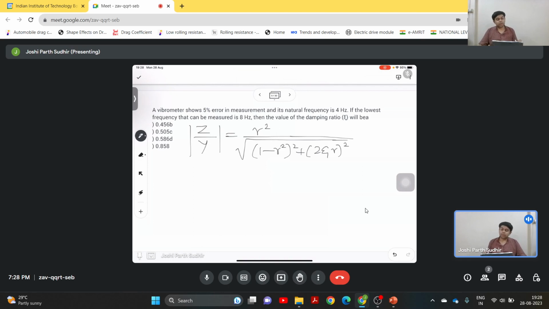Now it is given that the natural frequency omega n is 4 Hertz. Let us say it is operating at 8 Hertz, which is given as the lowest frequency that it can measure. Then R is equal to omega by omega n, which is equal to 2.